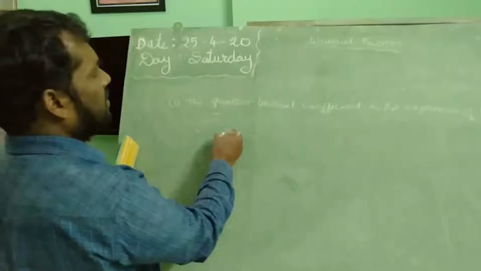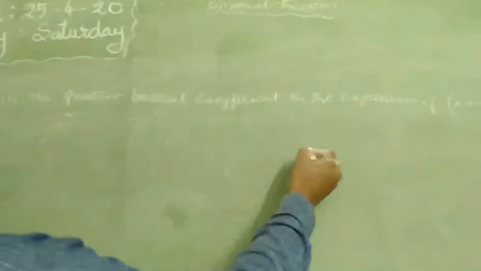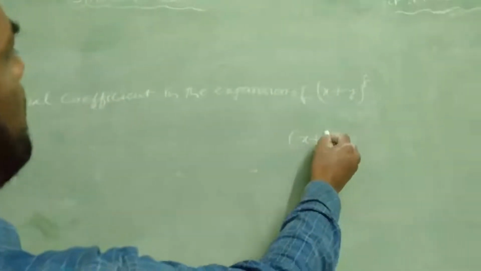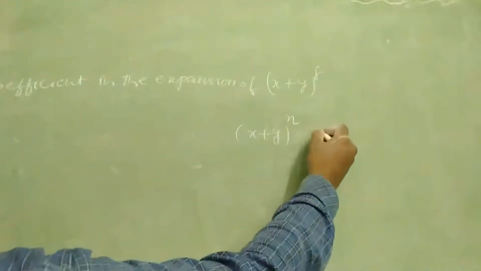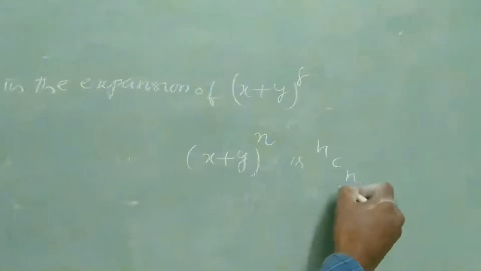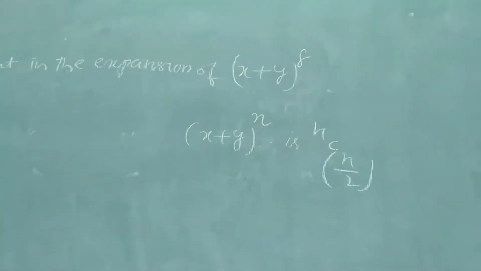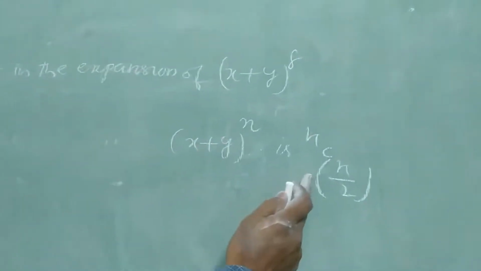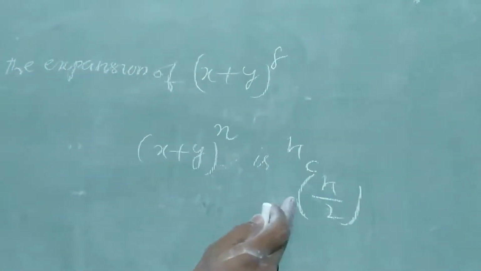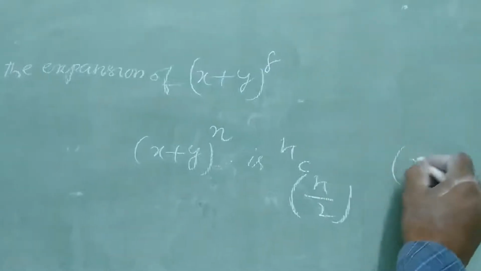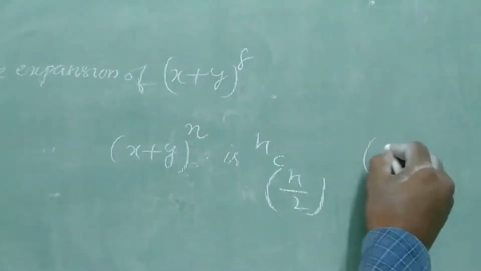The greatest binomial coefficient in the expansion of x plus y whole to the power of n is nc n by 2. When do you use this shortcut? This shortcut is applicable when n is even.